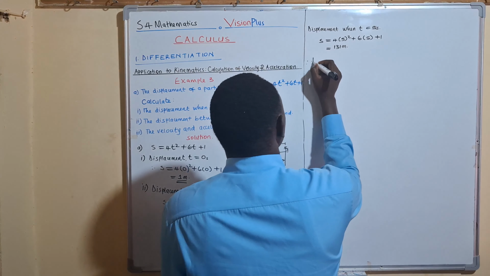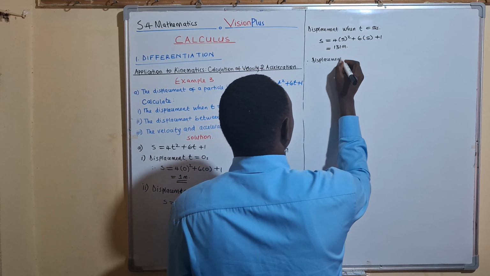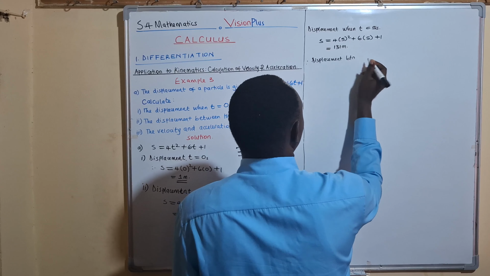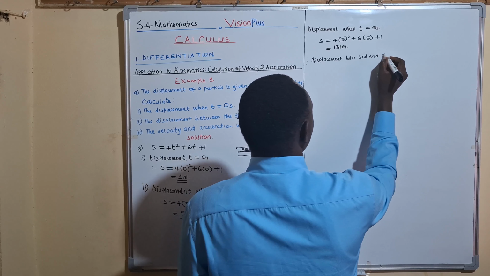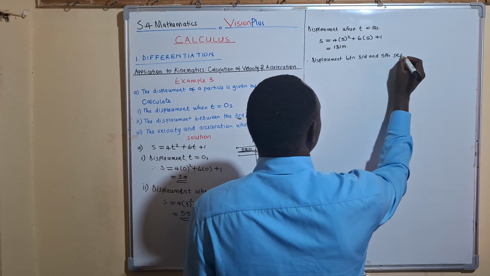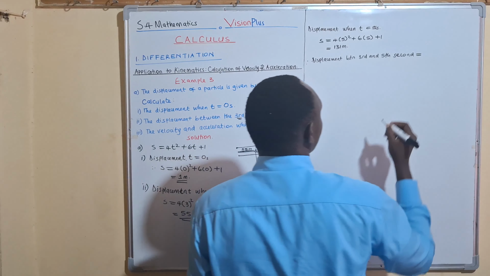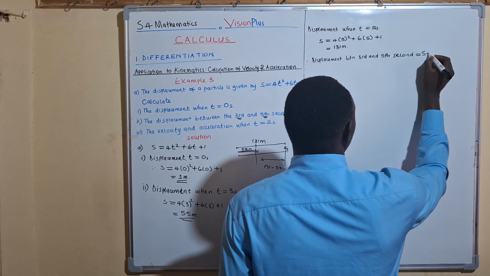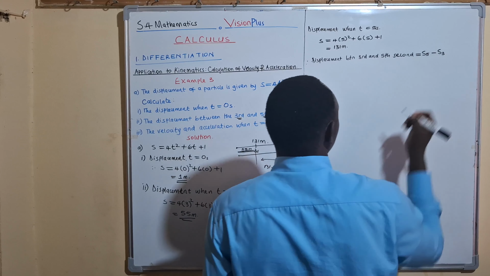Therefore, displacement between the third and fifth second equals, you simply get the displacement at the fifth second minus the displacement at the third second.